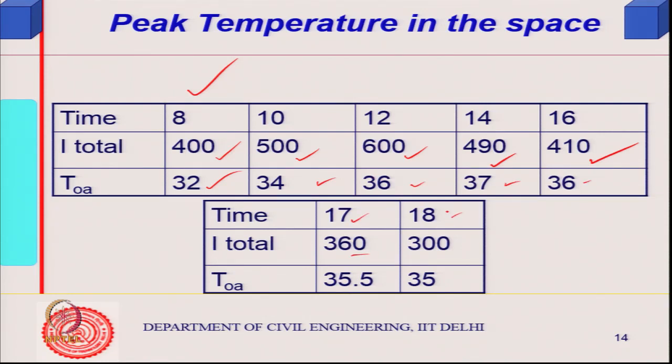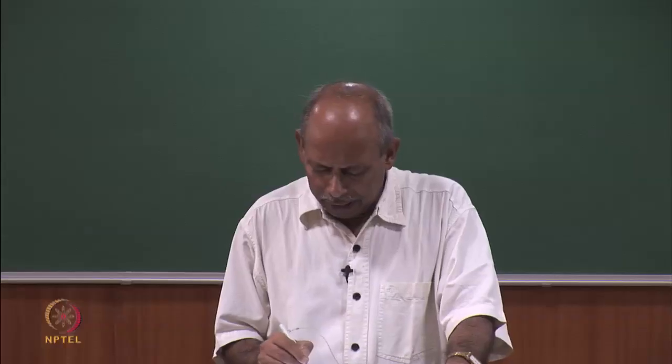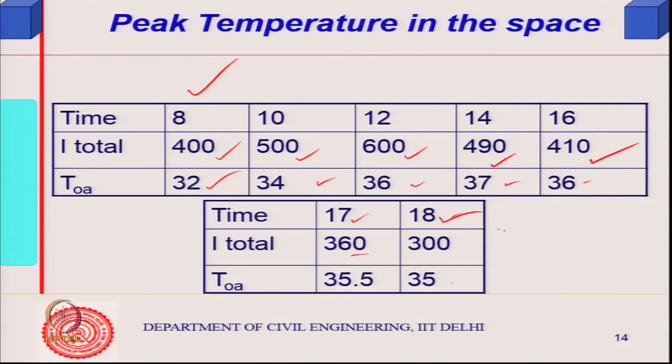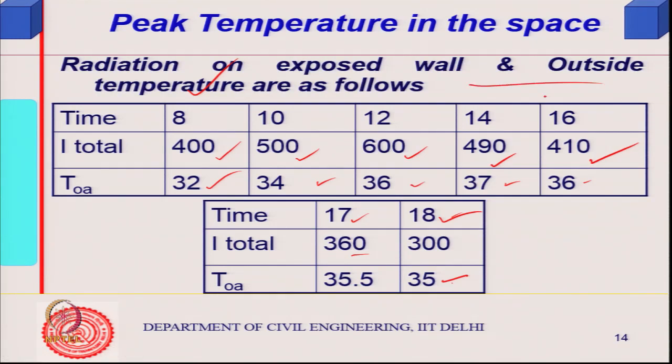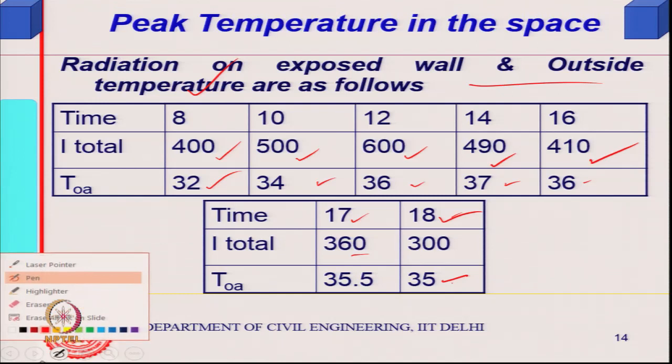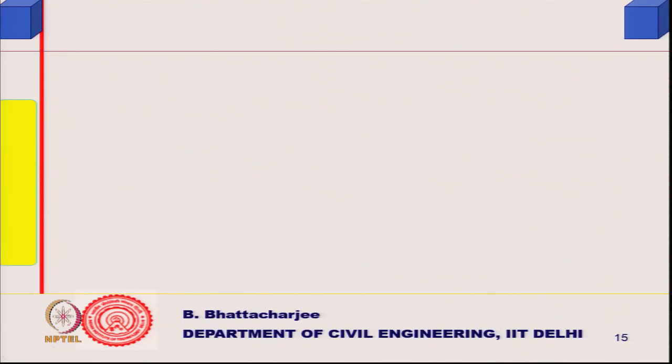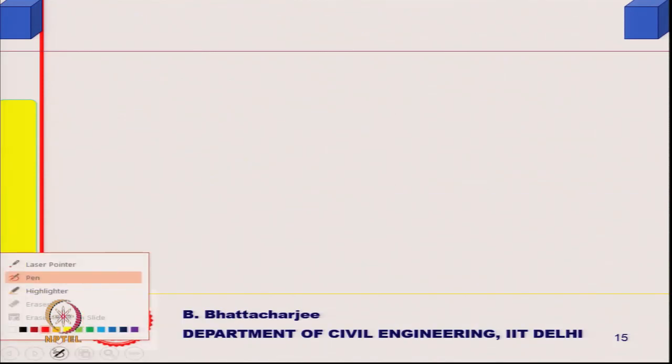So, I am interested in calculating at 6 pm, that is 18 hours. Everything is given up to 18, beyond that is not given, right. I am interested in 18 hours, there may be something more, 6 pm I want to calculate. Radiation on the exposed wall, outside temperature I might need. After 6 pm there may not be any radiation, but temperature may still be there.